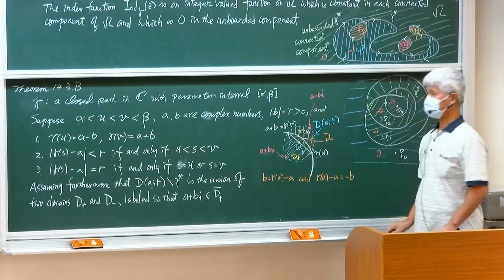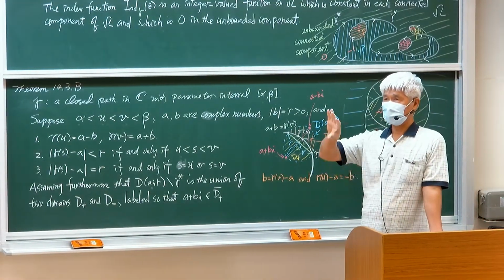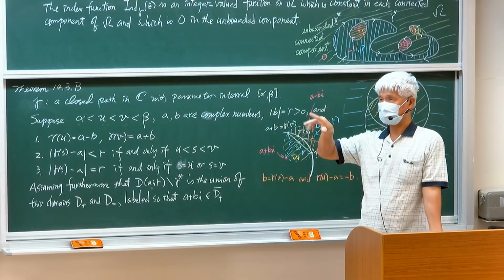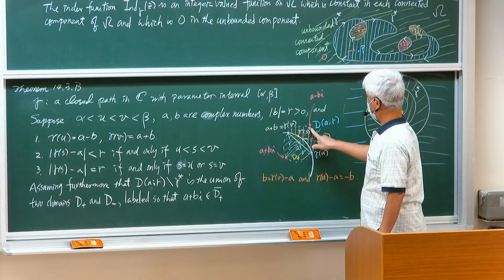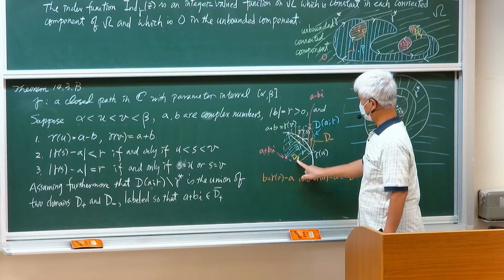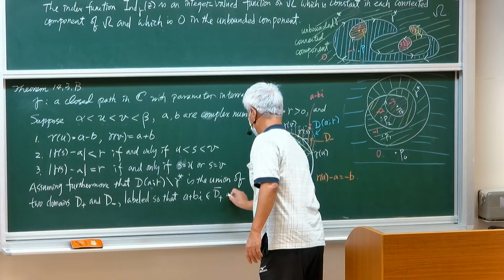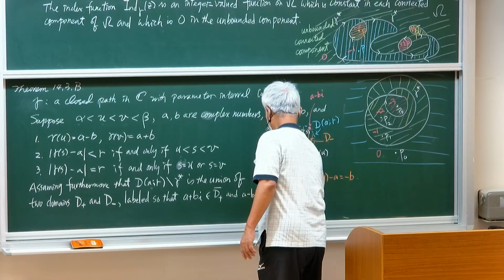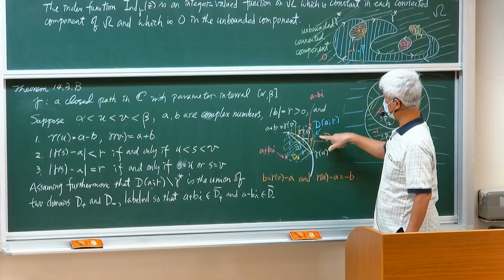Minus I means you rotate minus 90 degrees, so you get this point. So A plus BI is in the closure of D plus, and A minus BI is in the closure of D minus. That's why we know this is D plus, this is D minus.